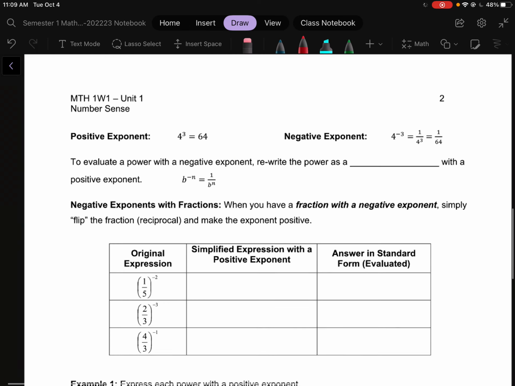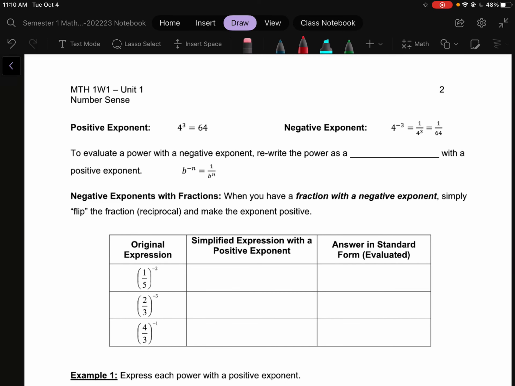As we continue on, we're looking at our positive exponents versus our negative exponents. So in order to evaluate a power with our negative exponent, we always, as I mentioned, rewrite the power as a reciprocal in order to evaluate it as a positive exponent, okay?